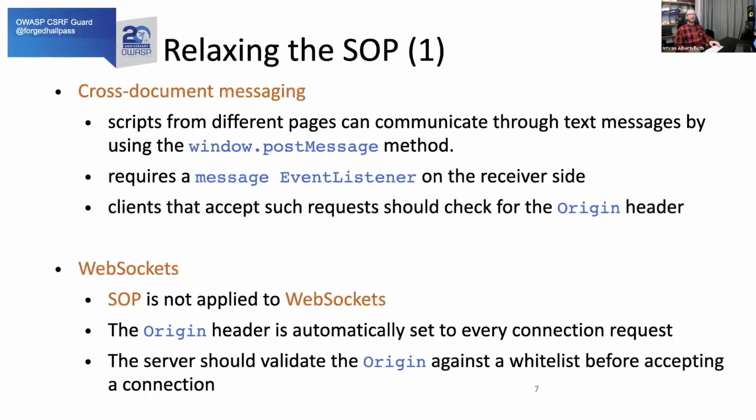The browser makes that implicit for every connection request. Again, this is something that usually people don't really care about or don't really know about. And even in this case, you would need to validate the origin against a whitelist before accepting a connection.